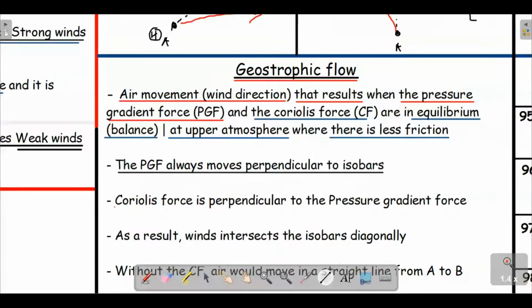The Coriolis force, on the other hand, is perpendicular to the pressure gradient force.